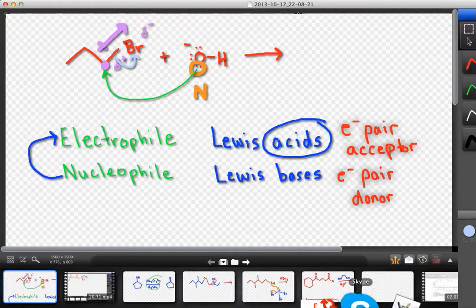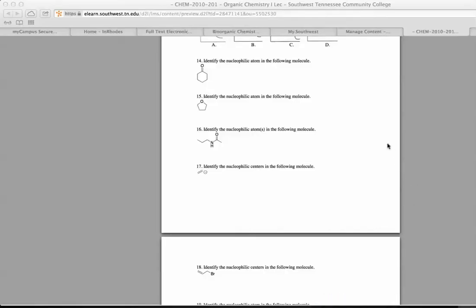Now let's take a look at some of our problem sets. So let's start with question number 14, where we identify the most nucleophilic atom in the following molecule. Question 15, we're answering the same question.